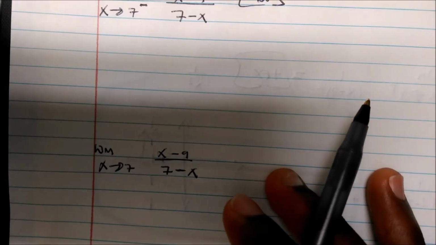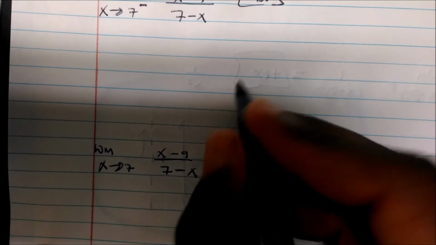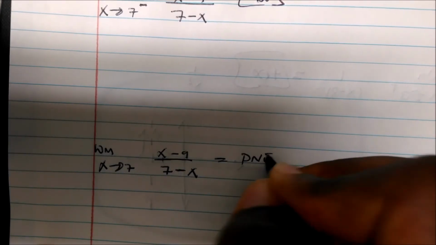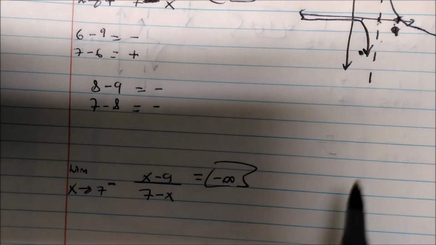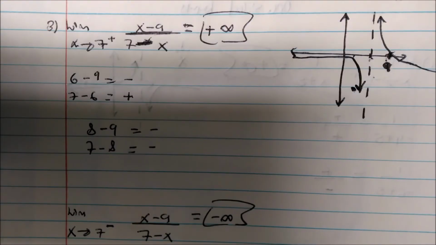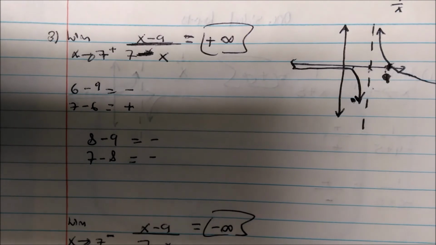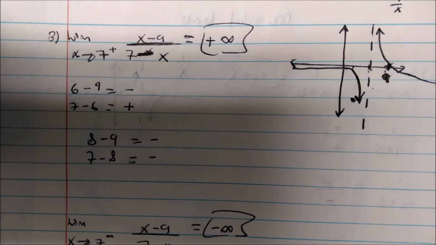How about this one? Limit as x approaches 7 of the same function. And this actually does not exist. Why? Let's look at why. I did this for a reason. I want to show you guys the difference. The limit as x approaches from either side is going to be one of those infinities.